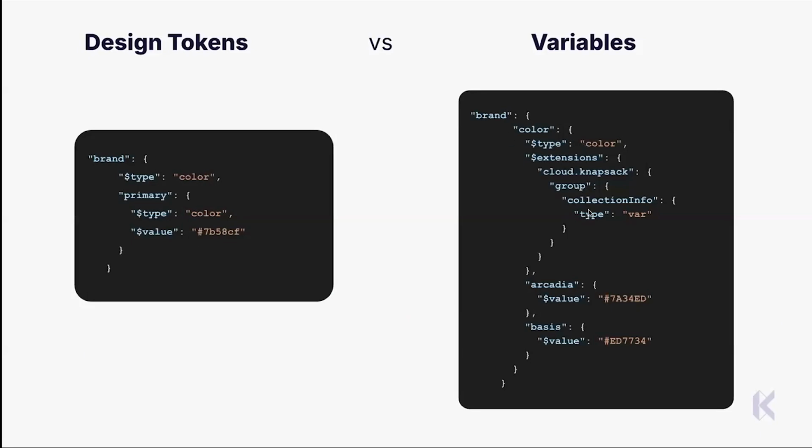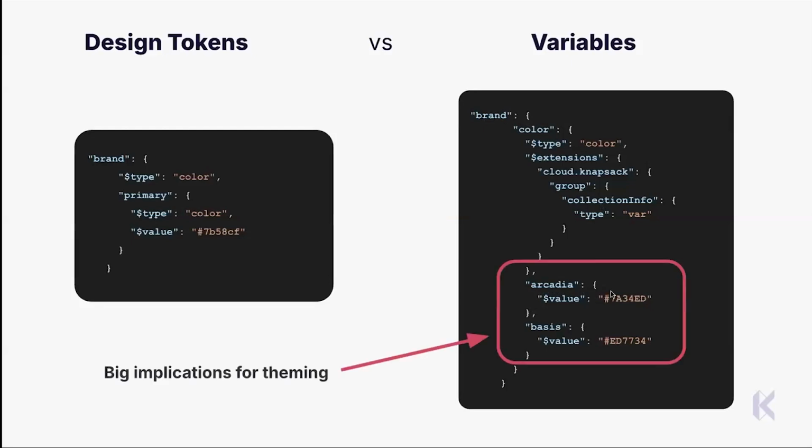It probably doesn't say primary, but it should. And then what I have here in Arcadia is this. And if I select Basis, a different brand, the value is this. So we have one token, but the collection that we use, or the mode that we use, sorry, will change the value of it. So again, big implications for theming, the ability to dynamically change out a value.